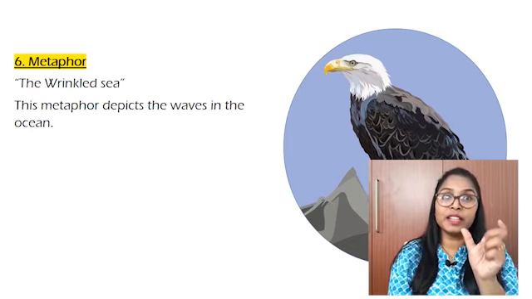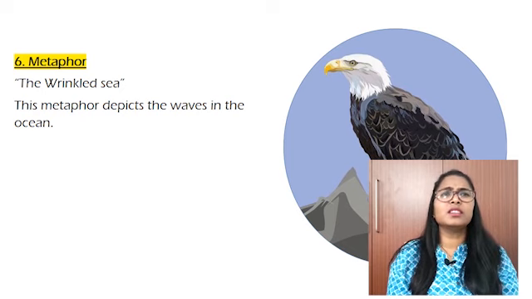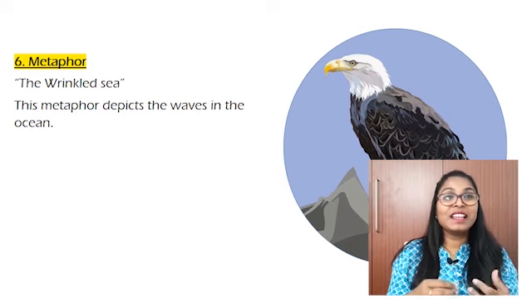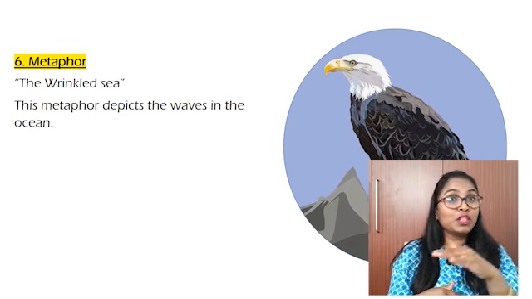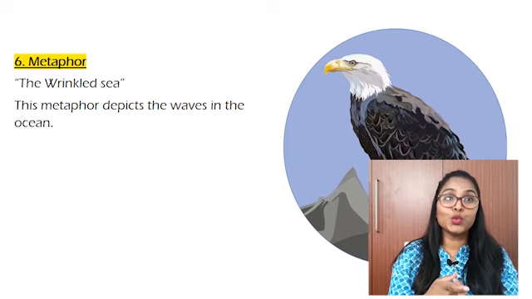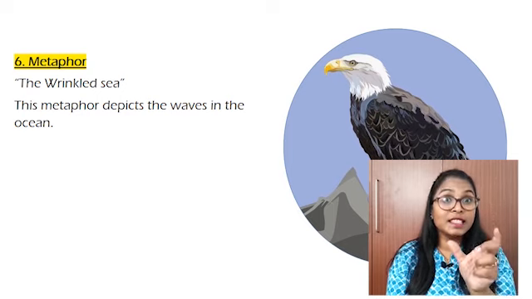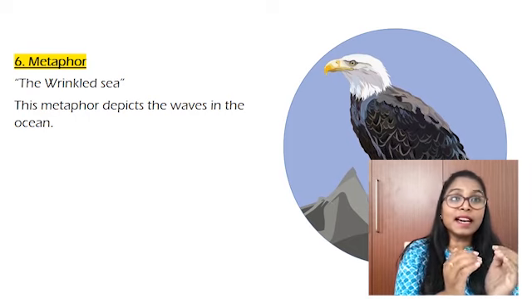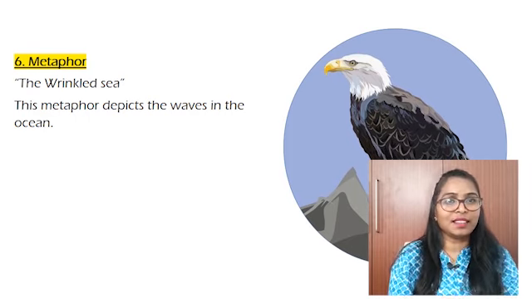Where do you get wrinkles? You get wrinkles in clothes, you get wrinkles on the face, right? तो waves में, sea में तो wrinkles नहीं आते हैं, but by using this word wrinkled, he is using this example to exaggerate the situation or to symbolize the waves on the sea.